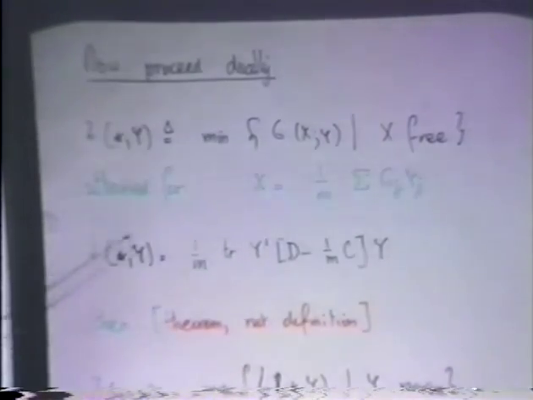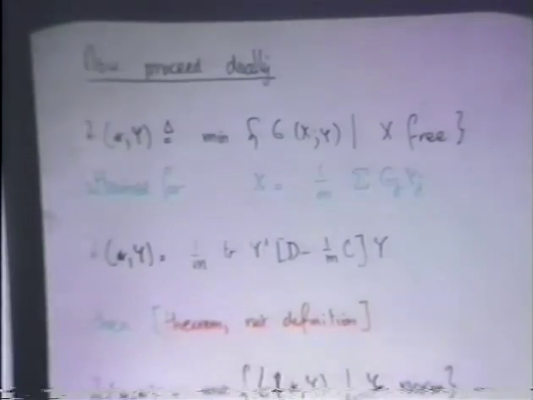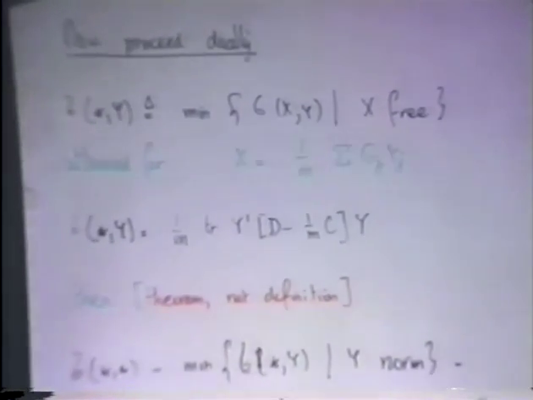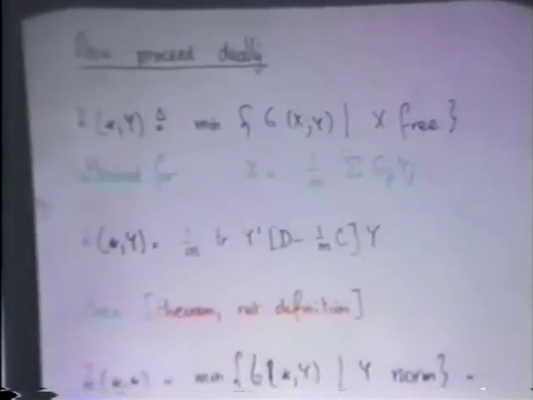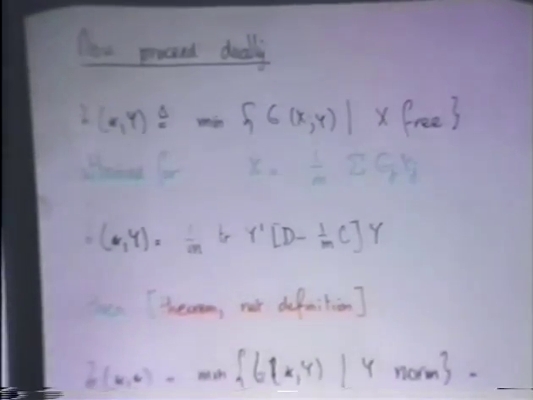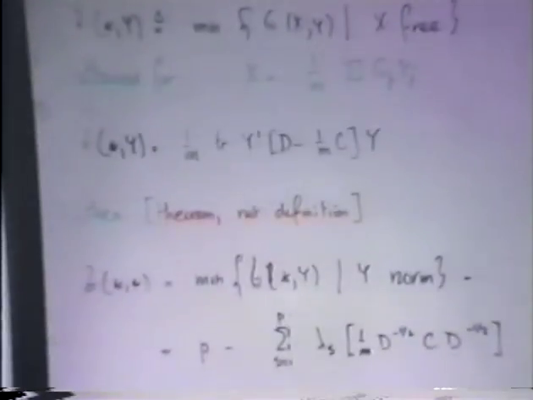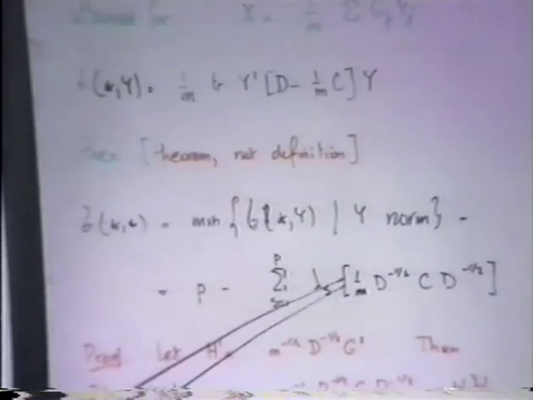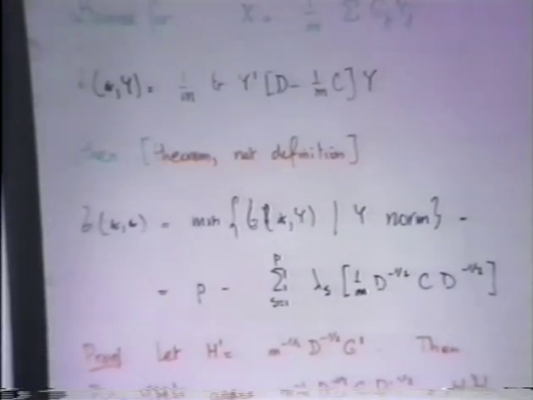And then you minimize out y under normalization conditions, and you get an expression which is very similar to the expression we derived in terms of the average projector, but now in terms of the normalized bird table. Now that's one thing which is a little bit important, not very much. This is not a definition anymore.